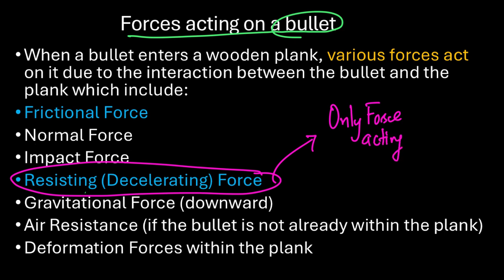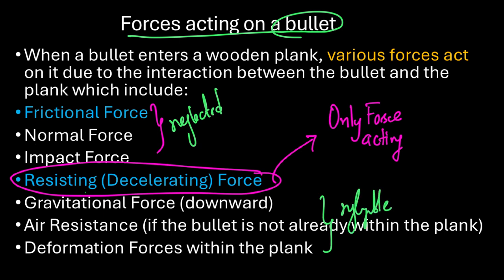All these other forces are neglected. The effect of them on the course of the motion of the bullet is negligible. And there is another assumption that we make. This force is the only force acting on the bullet, and this force is constant throughout.